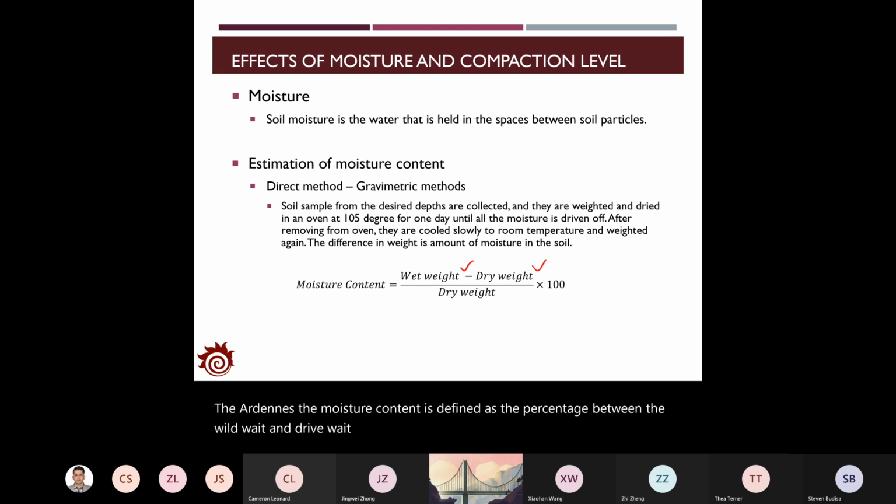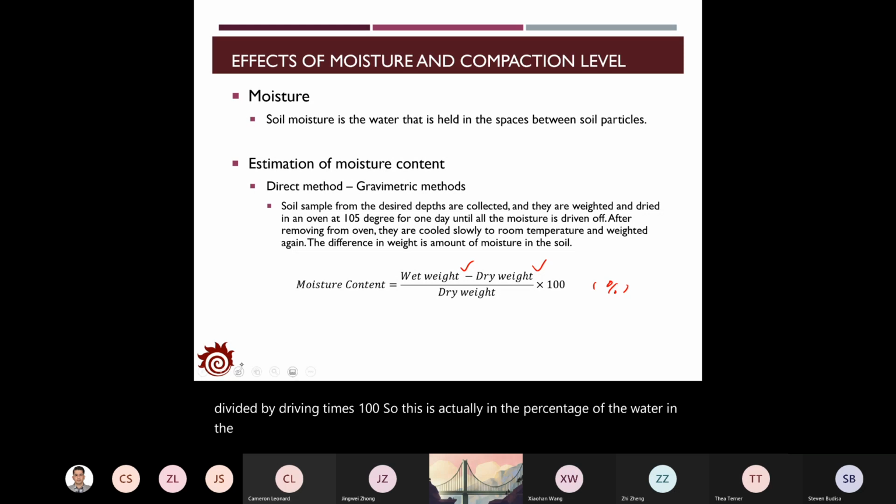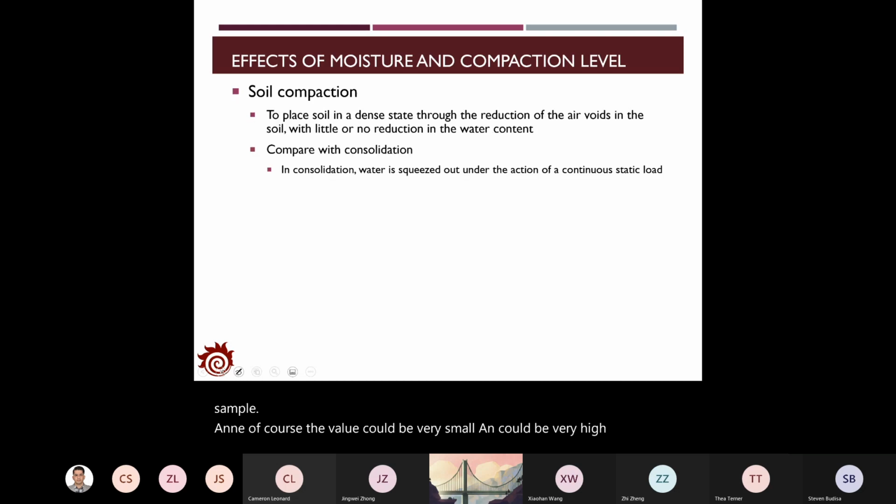It's defined as wet weight minus dry weight divided by dry weight times 100. So this is actually the percentage of the water in the sample. And of course, the value could be very small and could be very high, depending on the type of the soils.